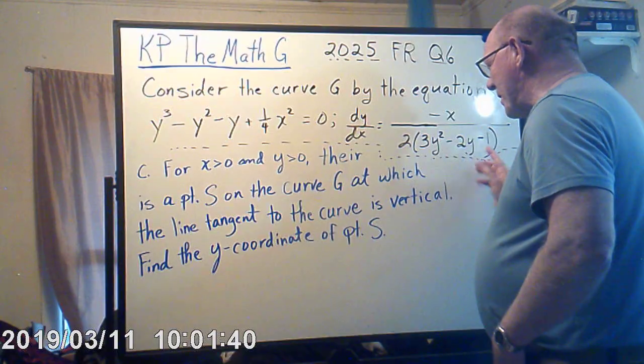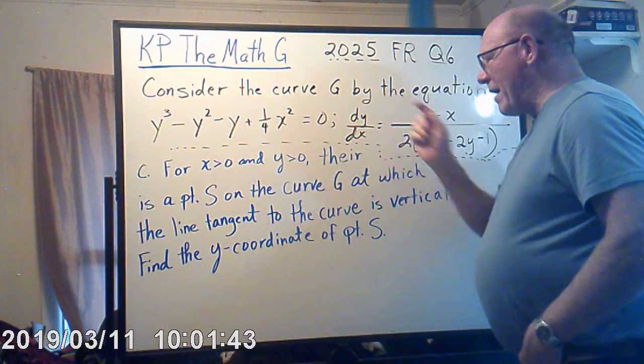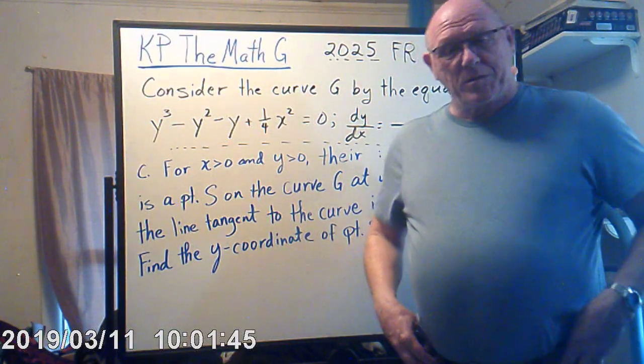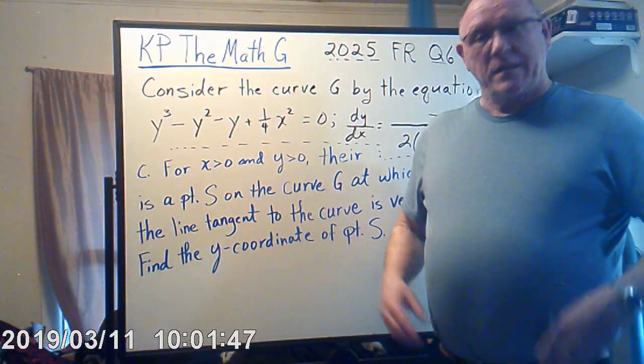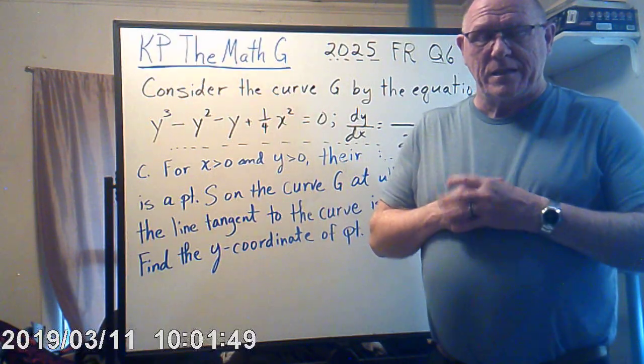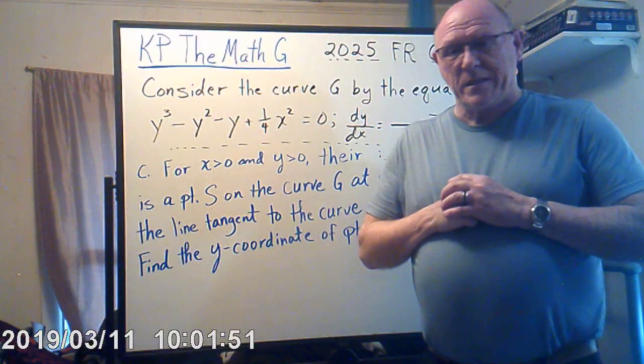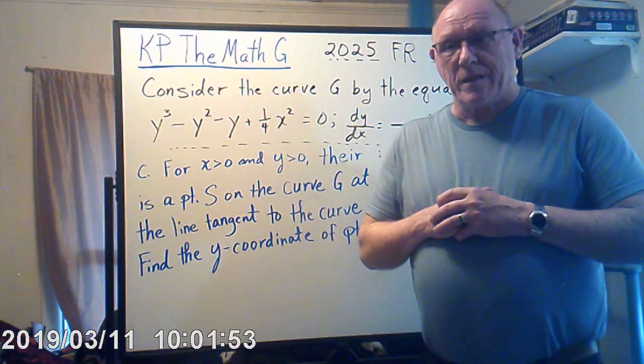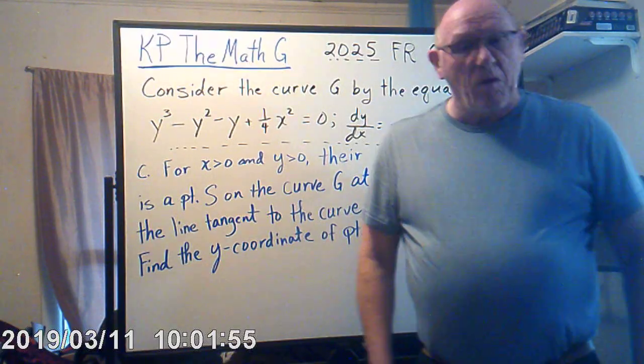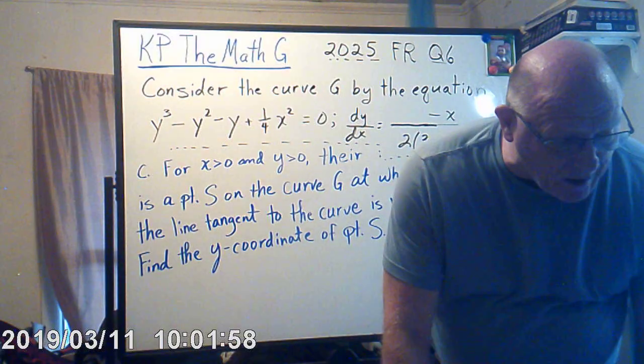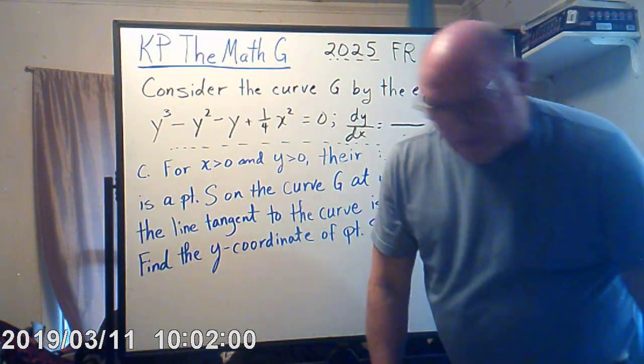That's going to be important. What do you think dy over dx sometimes represents? It's the first derivative, but what does that sometimes represent? Yeah, if you said the slope of a tangent line, you are absolutely correct.